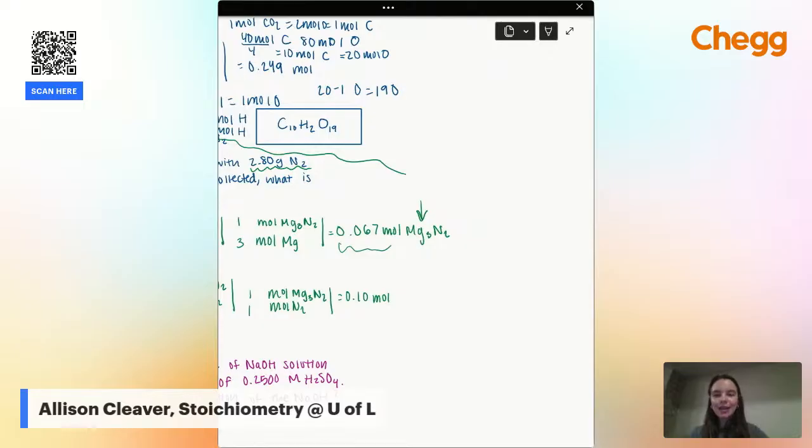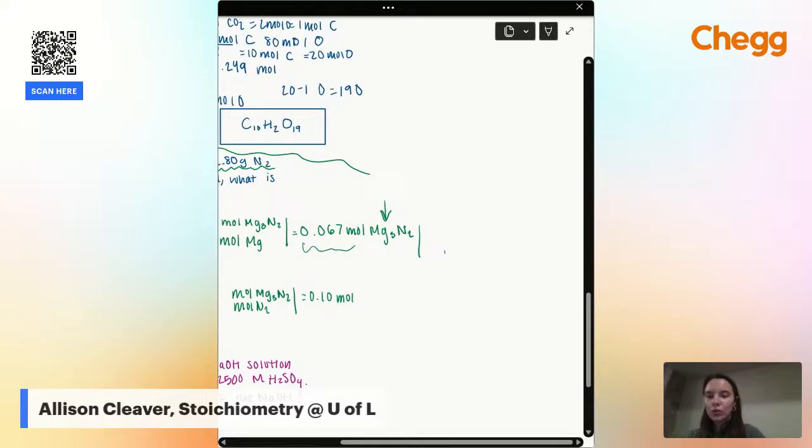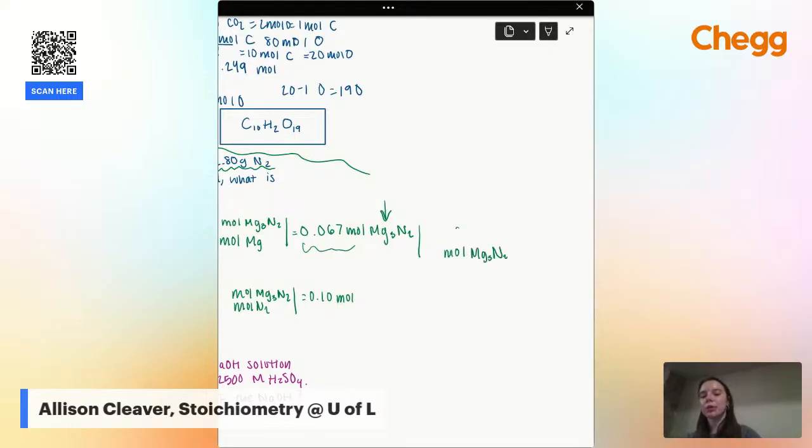All right, anything you can tell me about it? Any way you can figure out the molar mass? Let me know. 3, 2, 1. So you should get moles of Mg3N2 on the bottom, of course, and then grams on the top because that's what we're converting to. 1 mole, we have 100.95 grams.